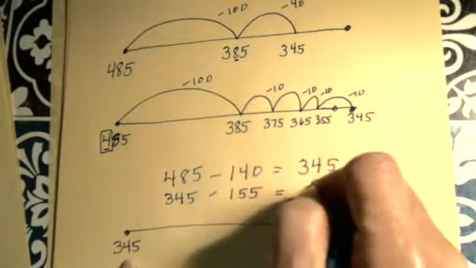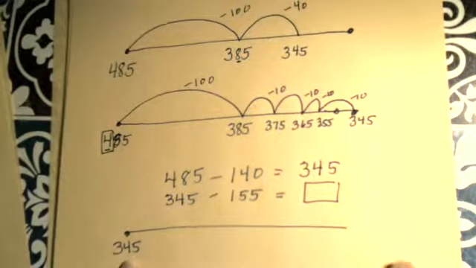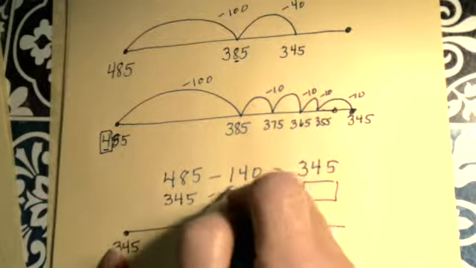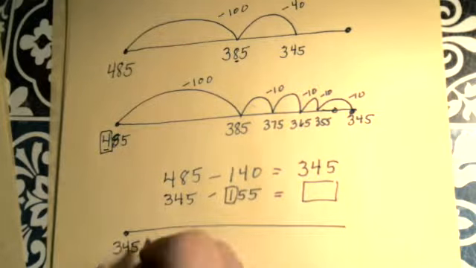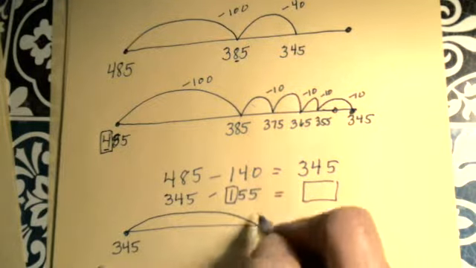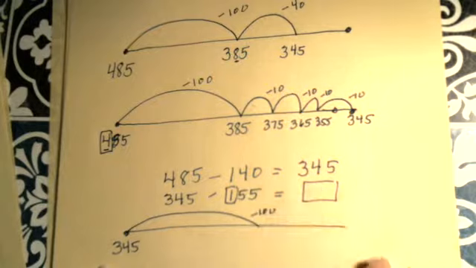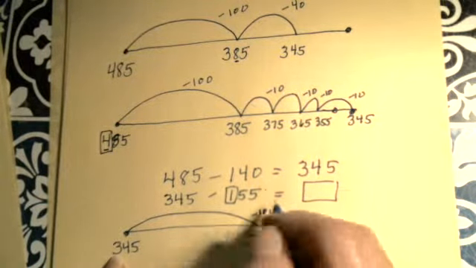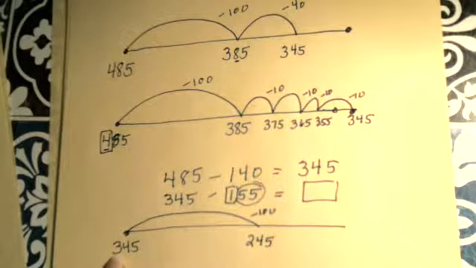That's what I'm looking for. That's my answer. That's going to be the D. So I'm going to do what I did before, and I'm going to look at this 100 and go ahead and take away 100. That will give me 245. I still have to take away 55.